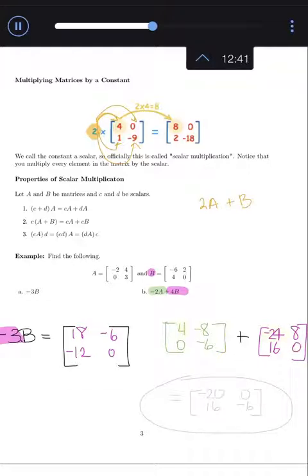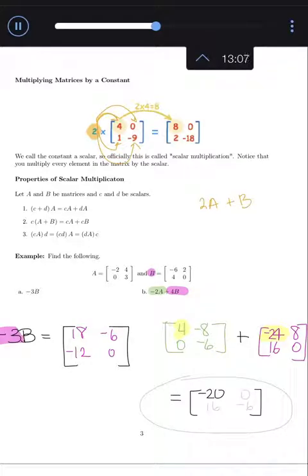Now that we've done all the multiplication, all we need to do is add. So we're going to match up corresponding entries, and we should still end up with just another 2 by 2. Adding right across entry by entry, we get 4 plus -24, which is -20.